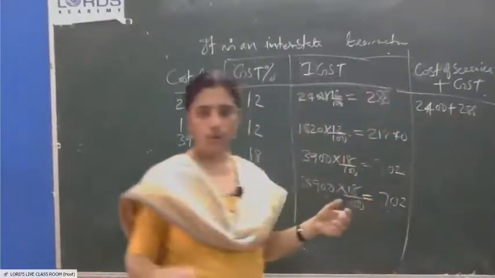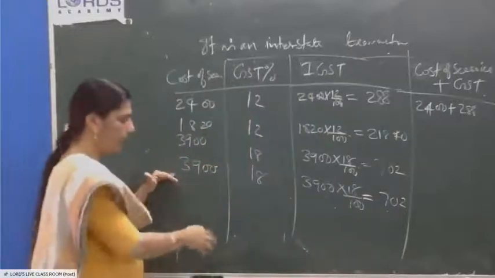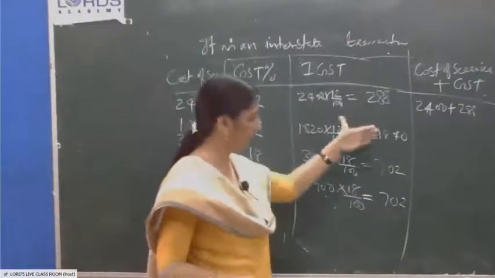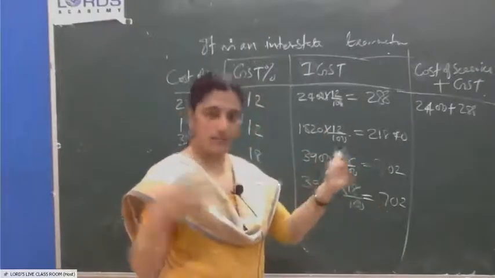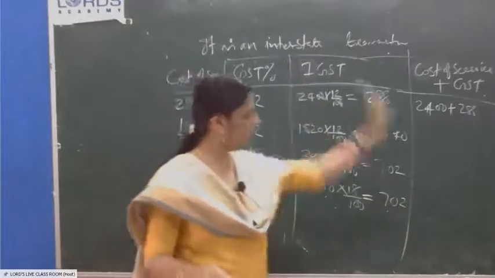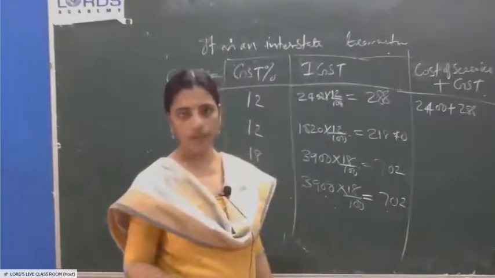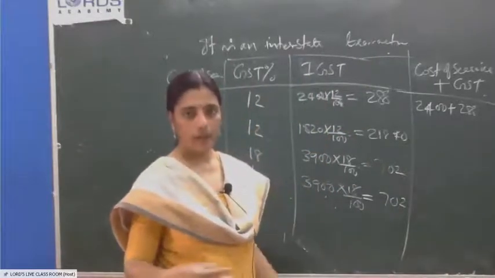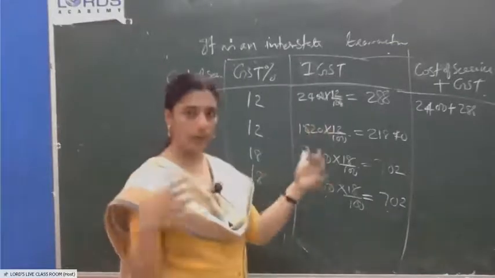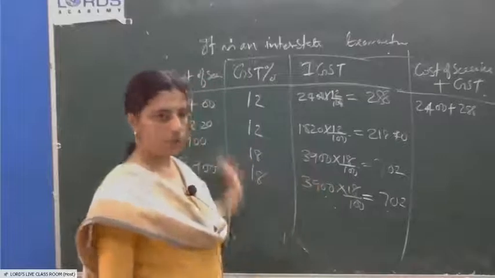Here also, after getting this total, I cannot add one single GST. They are different GSTs, so I have to add with each. That's why these two columns were introduced. I cannot make it all under one GST, so I have to add with each cost price.